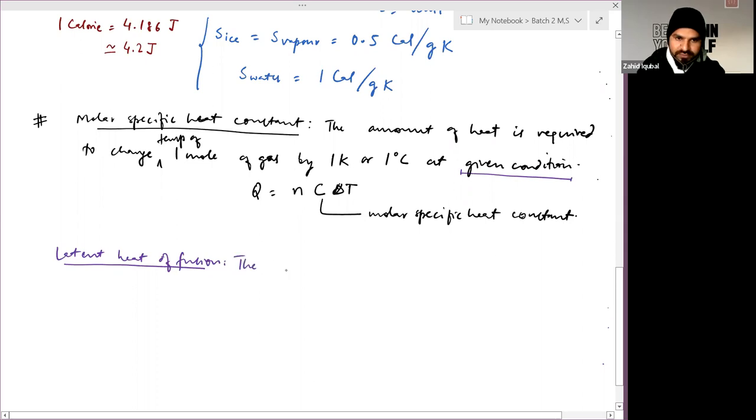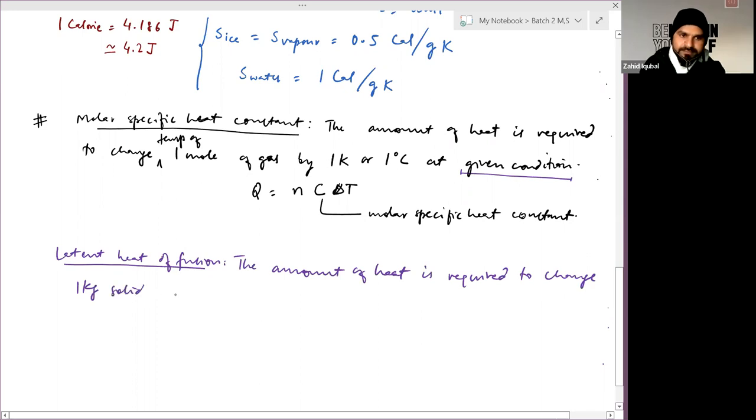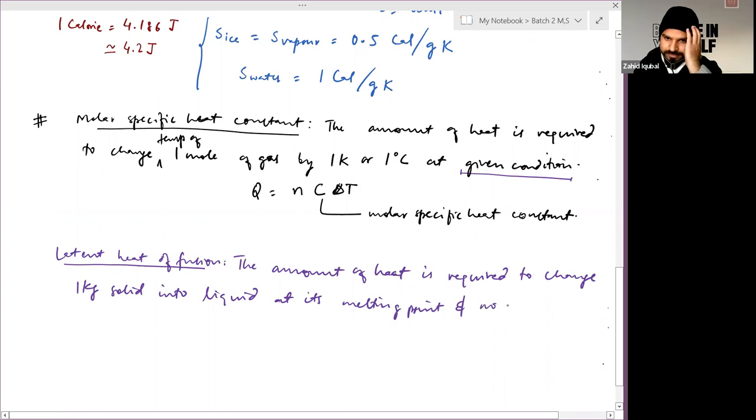So it is the amount of heat required to change 1 kg solid into liquid at its melting point and normal atmospheric pressure.